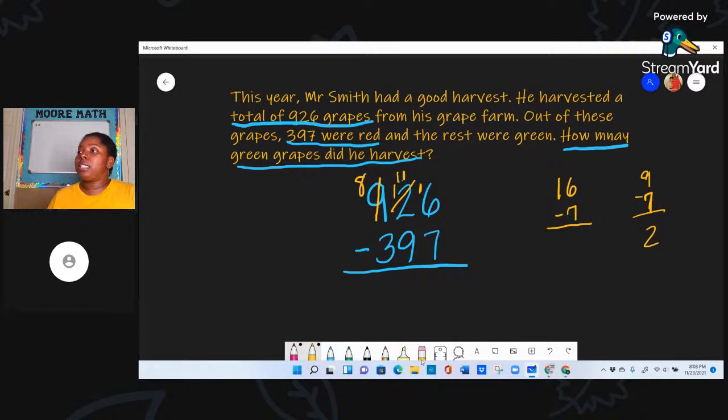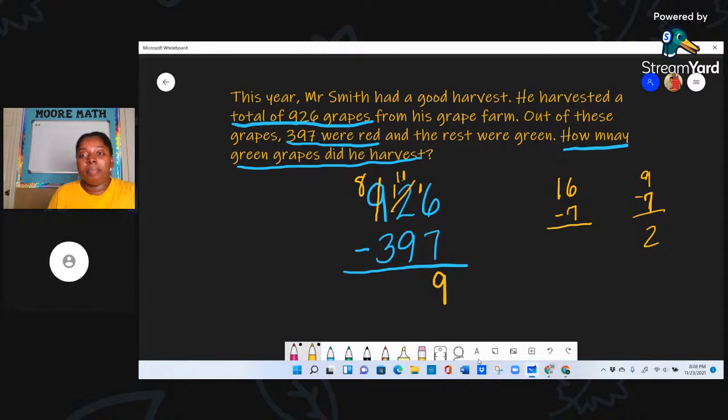So count up from 7 until you get to 16. So 8, 9, 10, 11, 12, 13, 14, 15, 16. How many fingers? 9. Okay. So 16 minus 7 is 9.